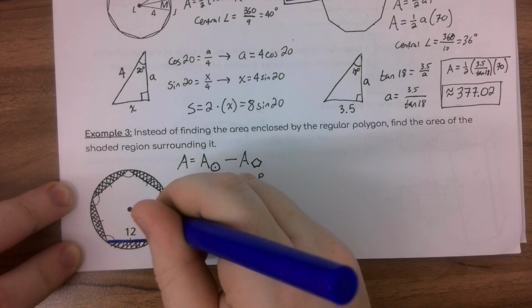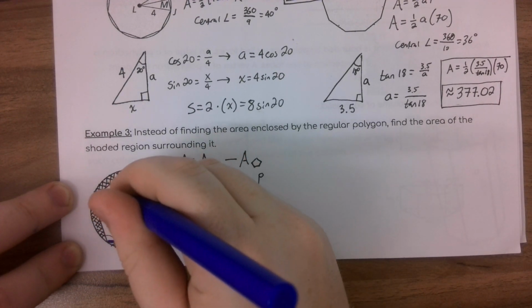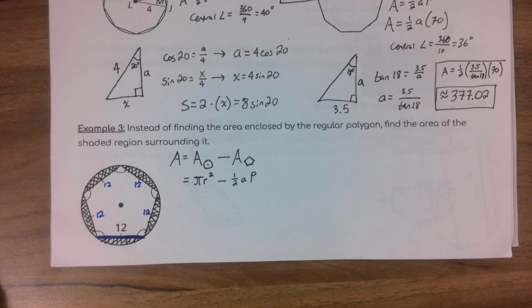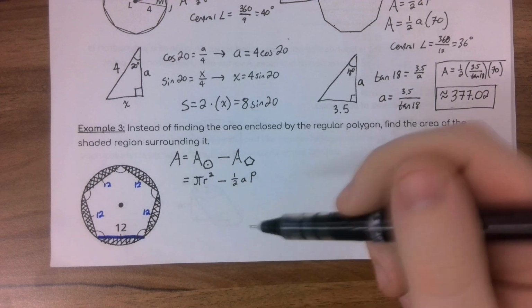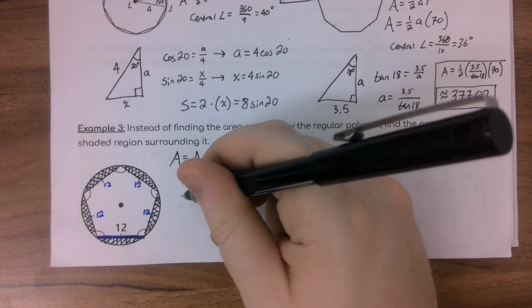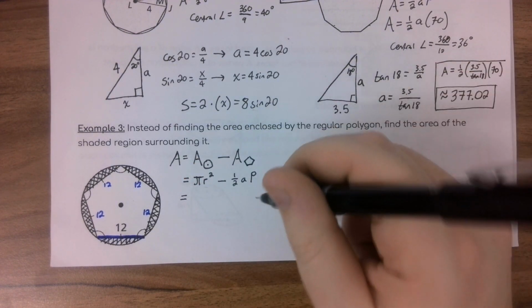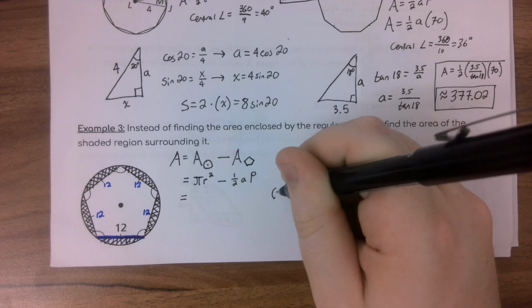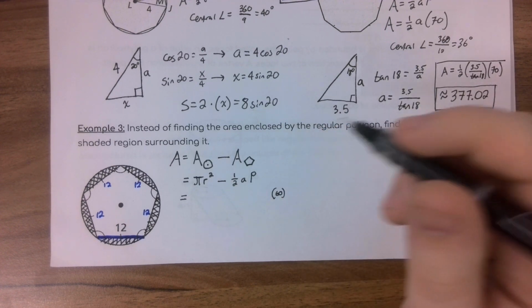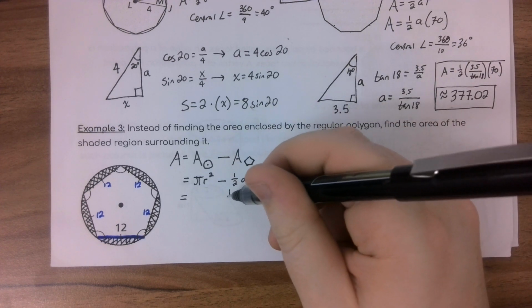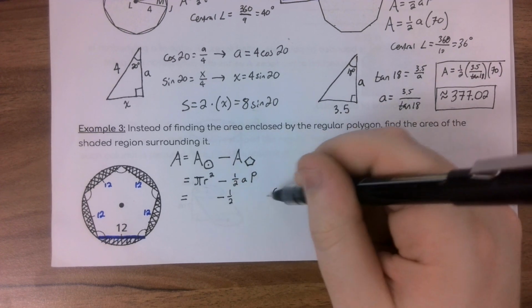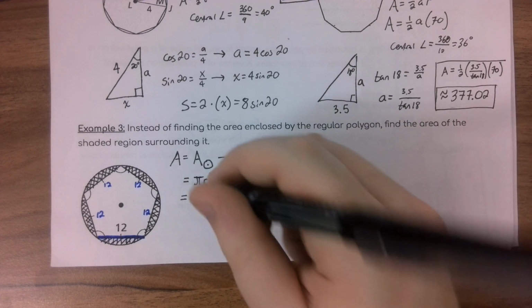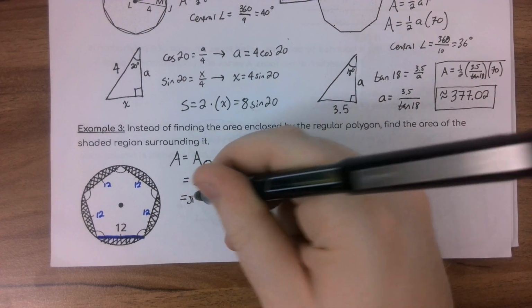So if that side is 12, then this side is 12, and this side is 12, and this side is 12, and this side is 12. The perimeter of the shape is just 5 times 12, or 60. So we know that our perimeter is actually just going to be 60. We still need the 1/2 times A, and we still need our radius.